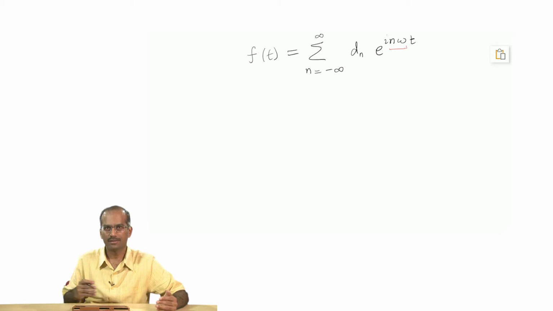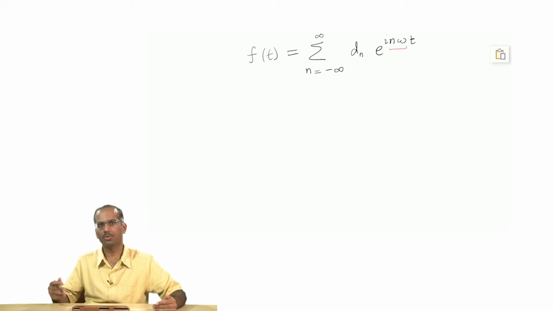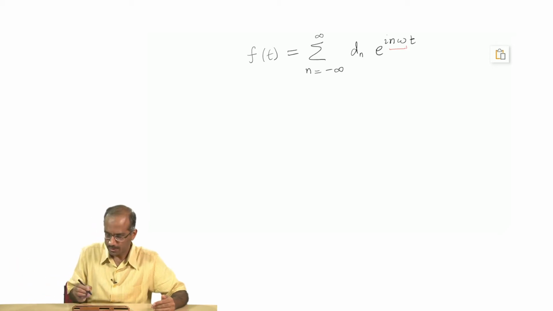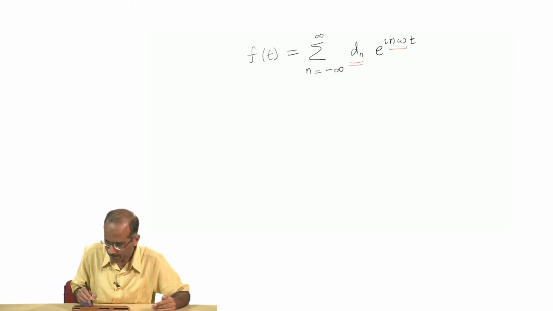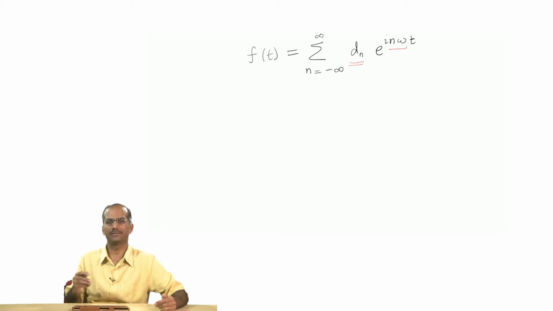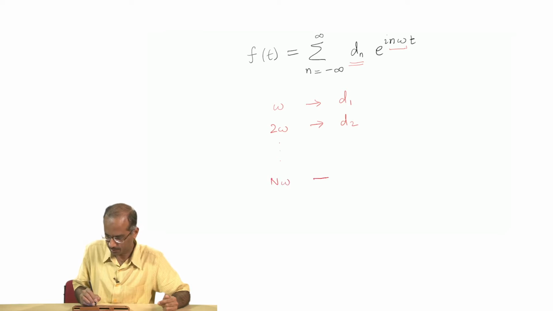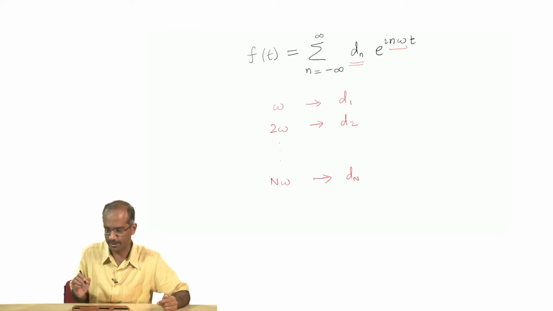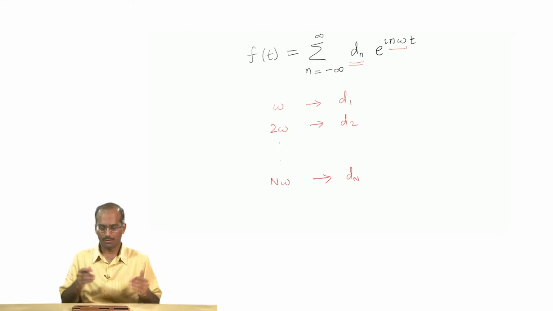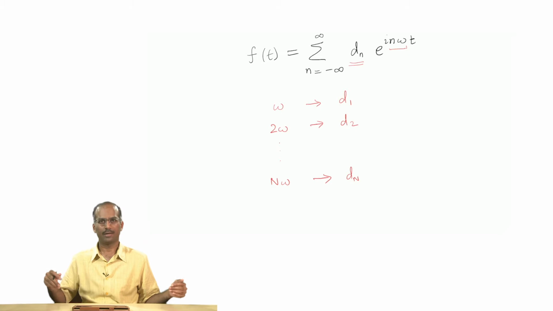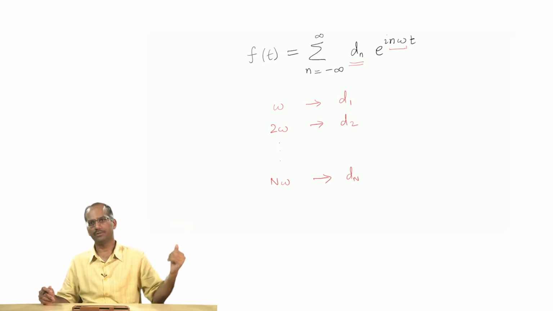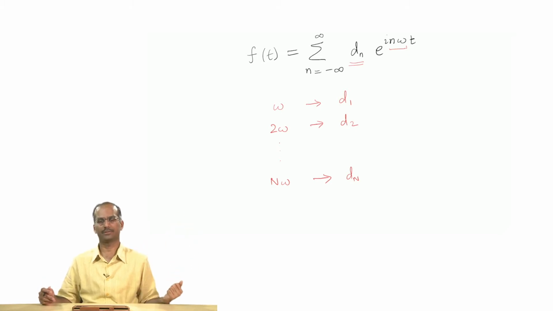So the space would be in terms of 1 omega, 2 omega, 3 omega and so on, and the corresponding amplitudes would be d1, d2, d3 and so on. In general, if I had some n omega, that would correspond to an amplitude dn. So I can plot omega, 2 omega, 3 omega and so on on the x axis and plot d1, d2, d3 those values on the y axis.